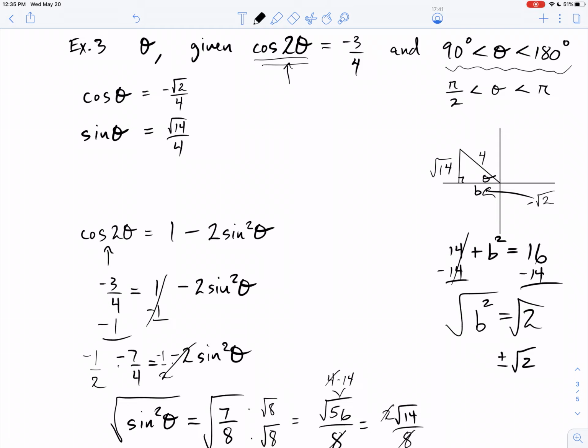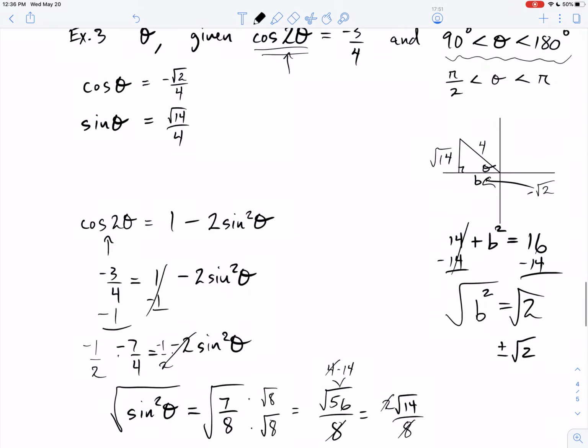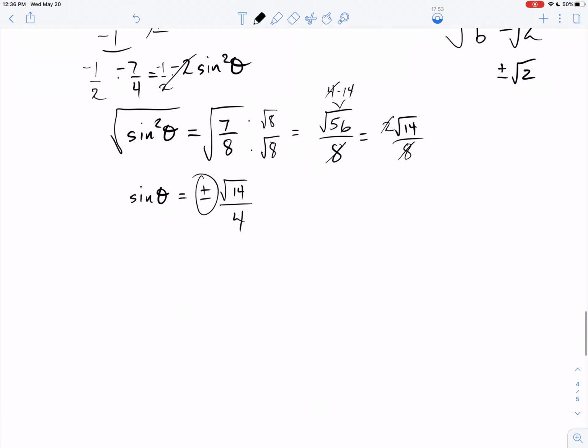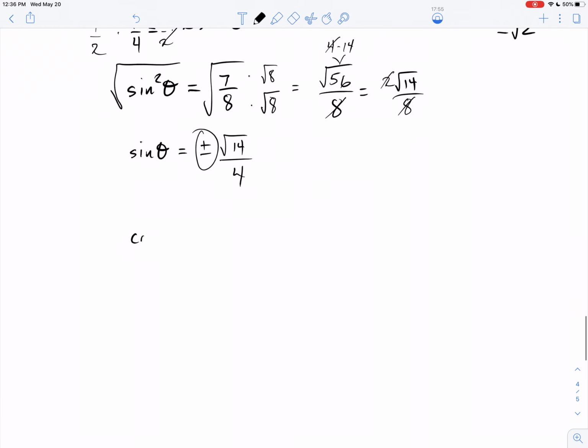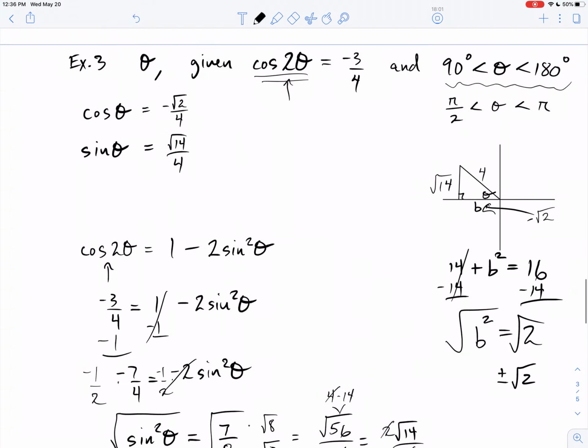But, you know, cosine theta, I could have found that different ways. I am not saying you have to do it the one way, but let me show you this. They told me cosine 2 theta is equal to negative 3/4.